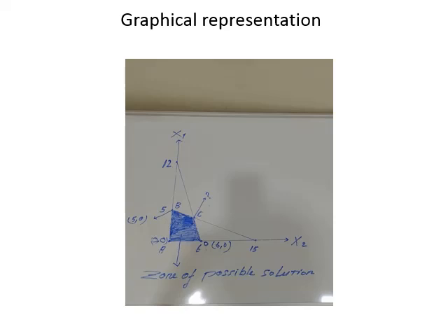Once we have 2 constraints, we draw 2 curves, each curve representing 1 constraint. Okay. And we will center on the intersection points that are closer to the original point.